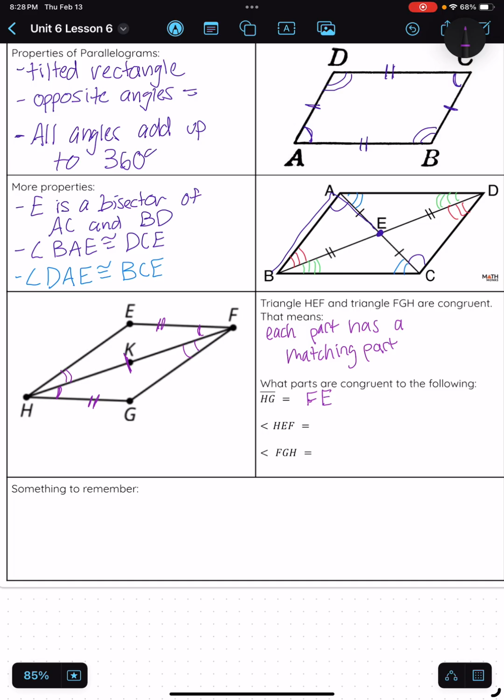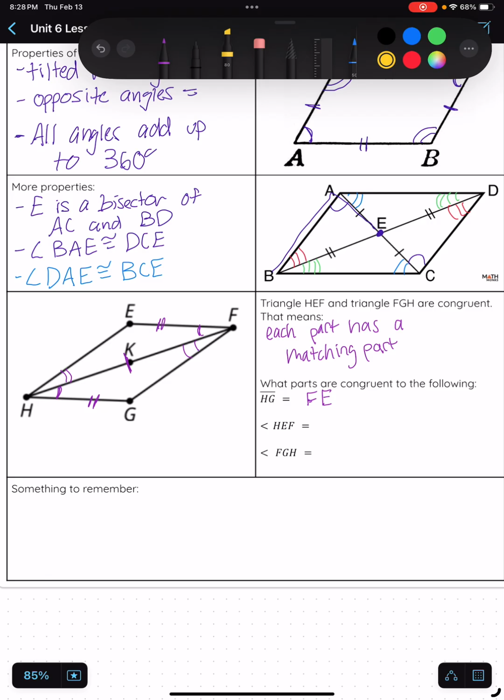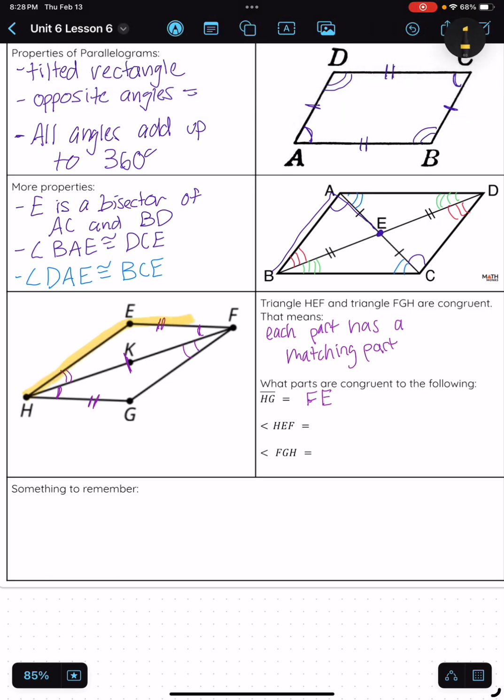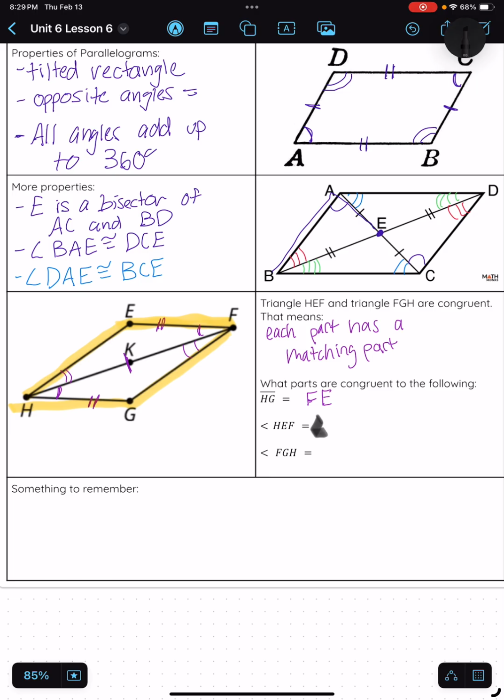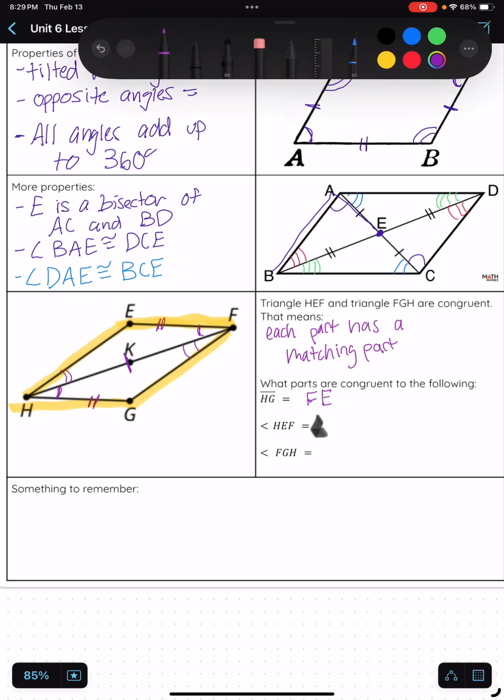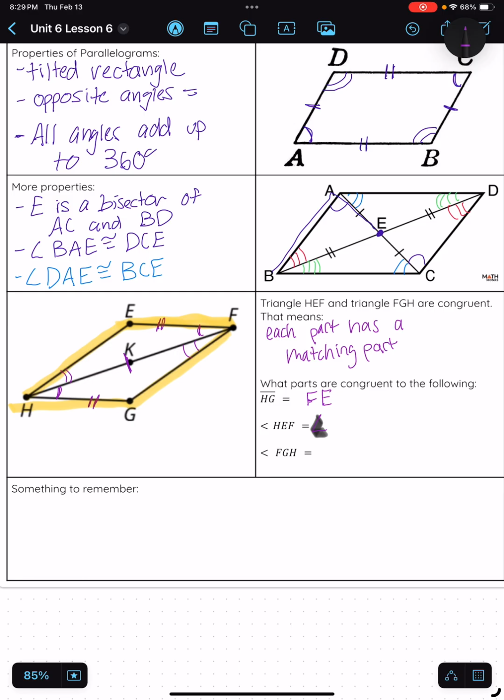HEF, which angle does HEF match up with? Okay, I'm going to highlight HEF. So we started at the 2 angle, we went up to E, and then we went to F. So for this one, we're going to start at the 2, go to G, and go to F. So this is going to be angle FGH.